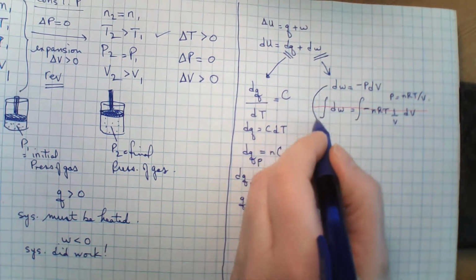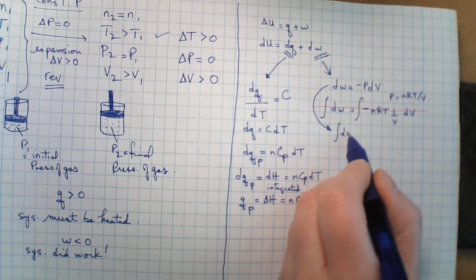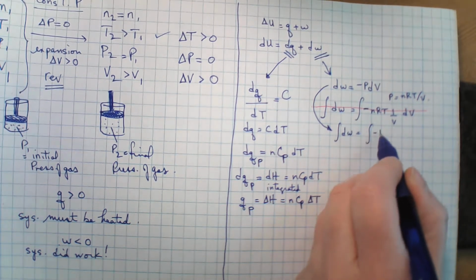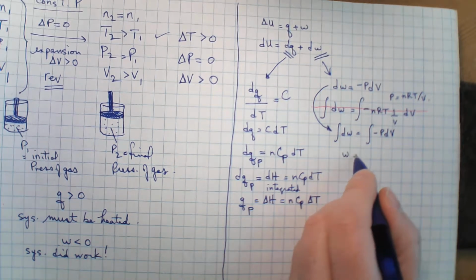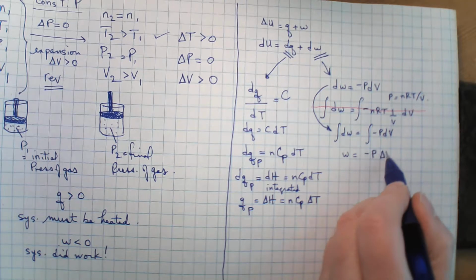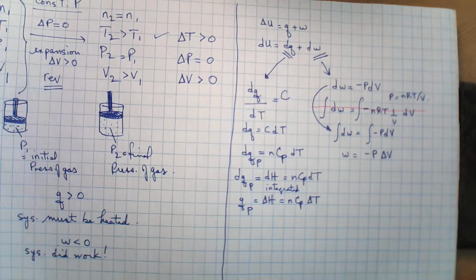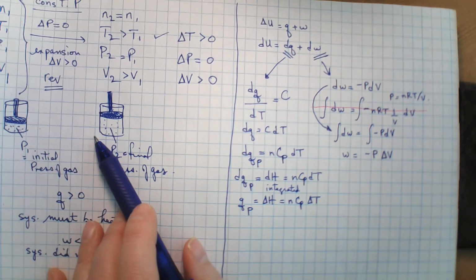And so let's try that again and integrate dW and integrate minus PdV and realize that in fact the work here is equal to a minus P delta V because the pressure is constant, but I have a volume and a temperature change.